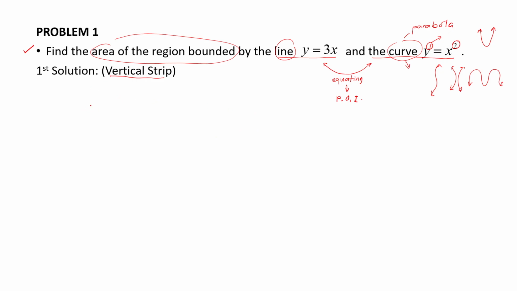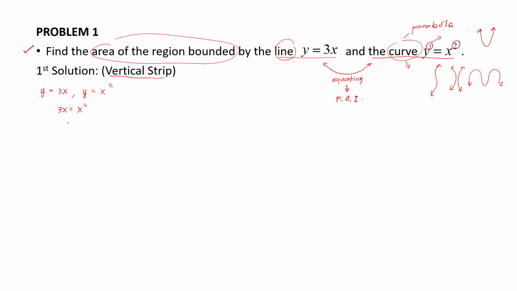So equating the two equations, so y equals 3x, and then the other one would be y equals x squared. So equating both y's, you're going to have 3x equals x squared.